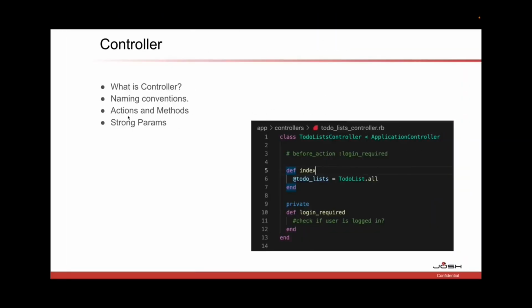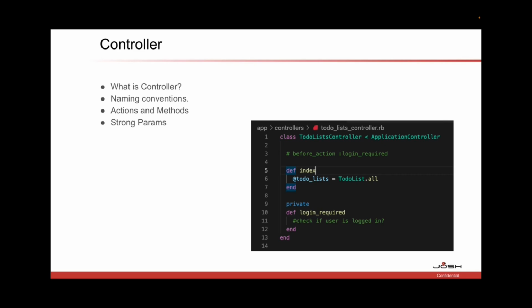So before knowing what are actions and methods inside a controller, let's understand one thing. As the router delegates the request to the respective controller, how does the router know which request will be served by which controller? So for this, we define these routes in the routes file and let the router know which request will be served by which controller. Now, the controller will have a method defined inside it which will be serving this request.